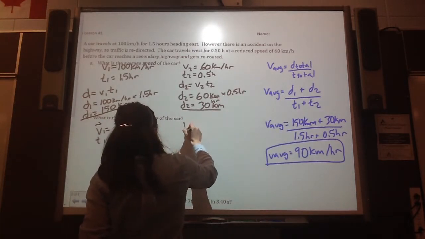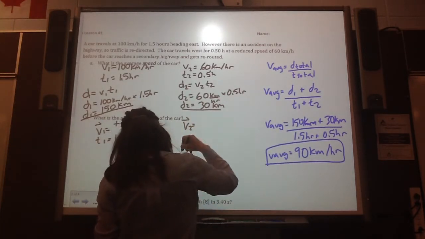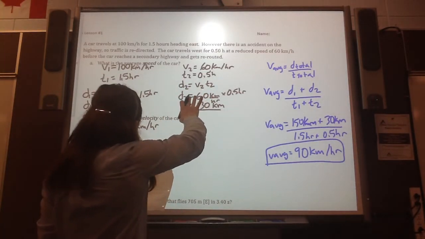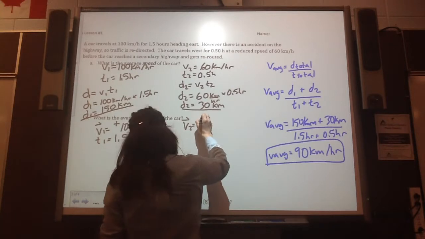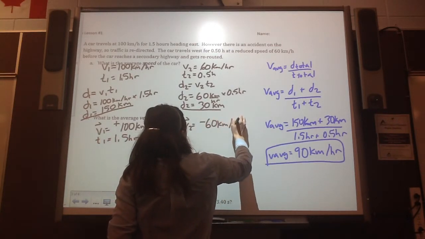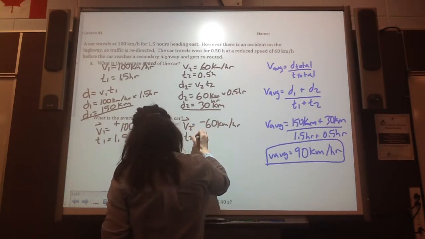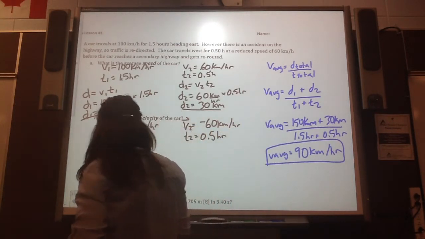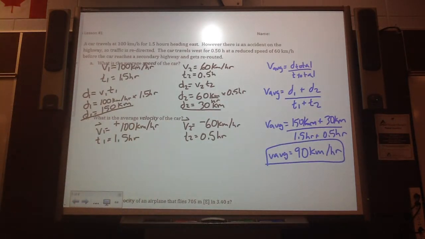Other things I know, V2, it's going west. So that needs to be V2 is negative 60 kilometers an hour, and T2 is equal to 0.5 hours. So we can use the similar formula that was rearranged. We just need to remember to include our directions now, because we're dealing with vector quantities.